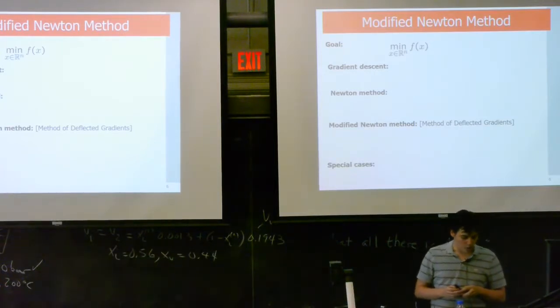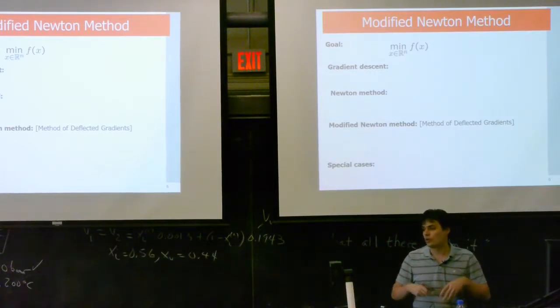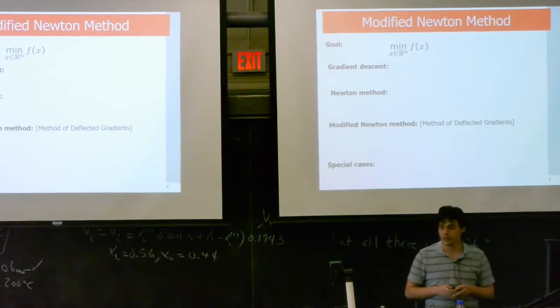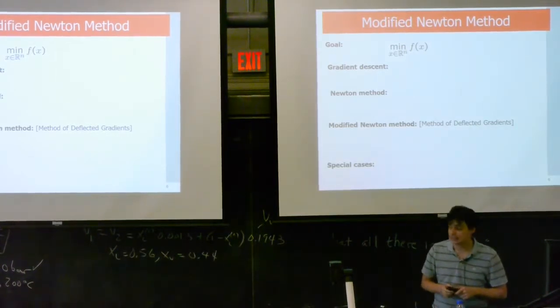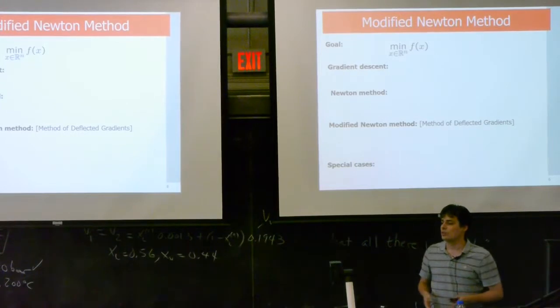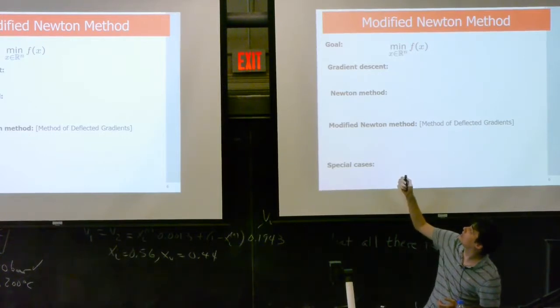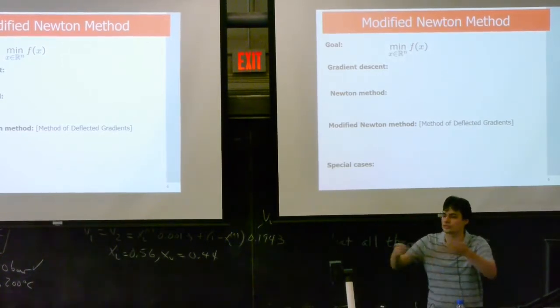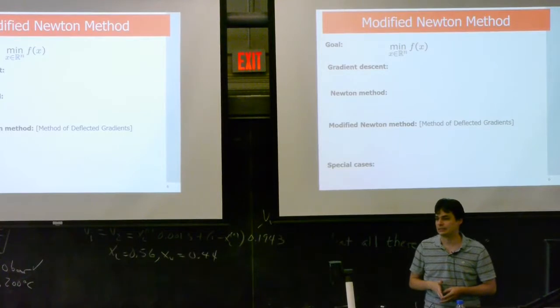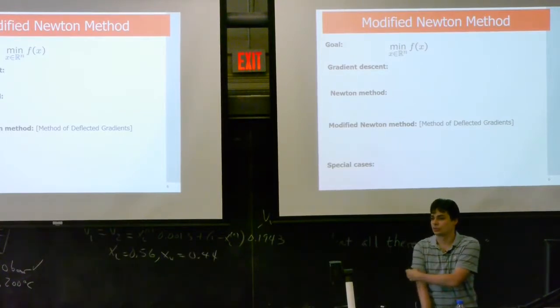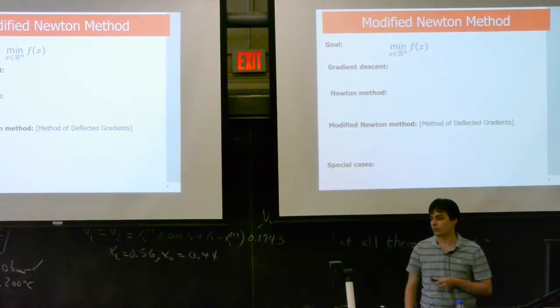Okay, so again, our goal is to minimize a function over the whole n-dimensional Euclidean space. Just to remind you, if you are interested in how to do the minimization over a subspace instead of the whole n-dimensional Euclidean space, next week we will come to that when we discuss interior point methods.